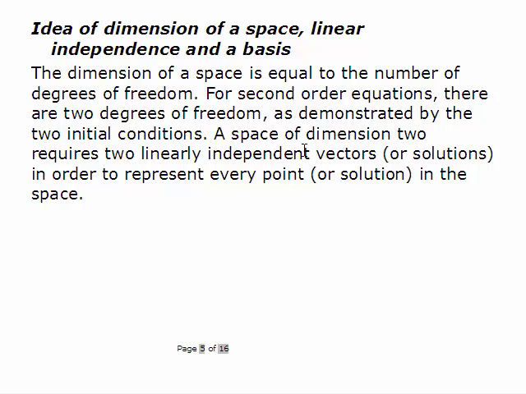The idea is that you can assign a dimension of a space equal to the number of degrees of freedom. If you're looking at a plane surface, you have 2 degrees of freedom. You can go east and west or north and south, say. That's a two-dimensional space. For second order equations and for planar systems, those are also two-dimensional spaces.